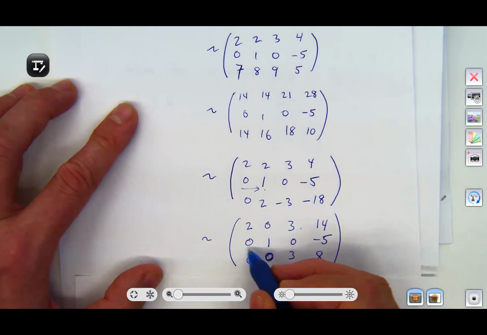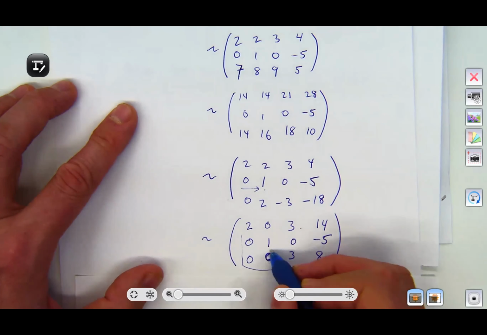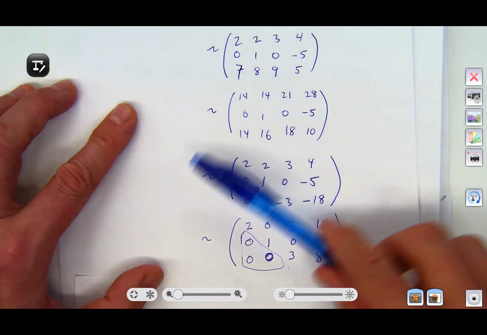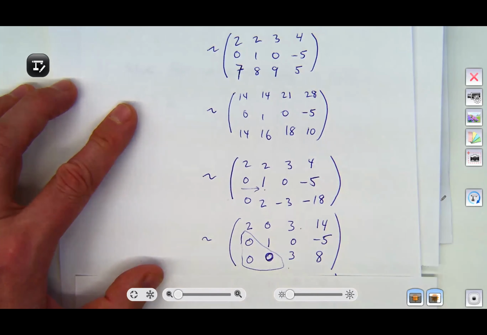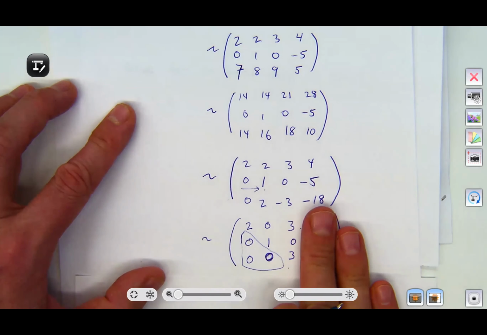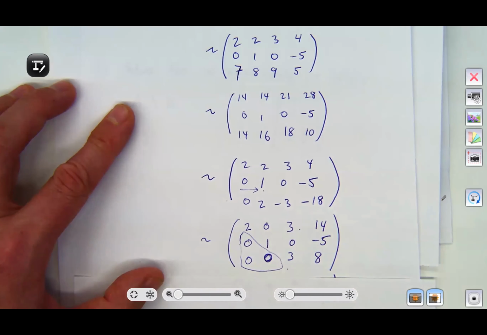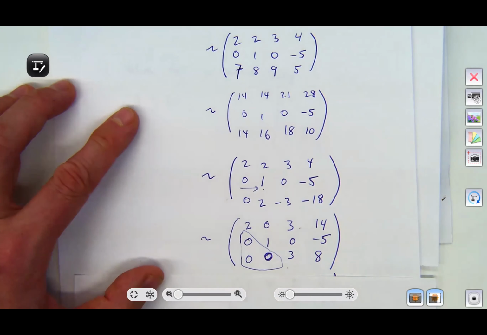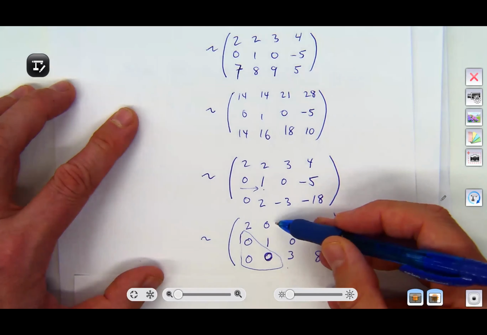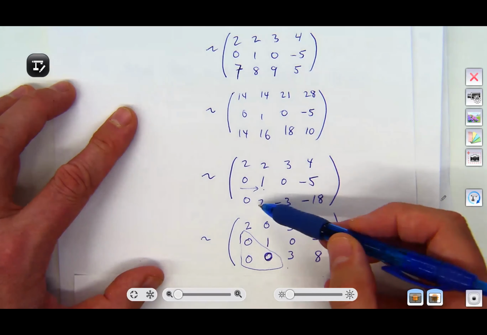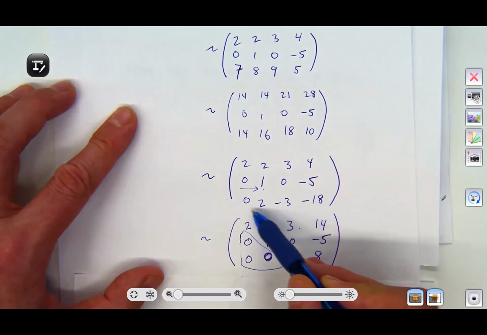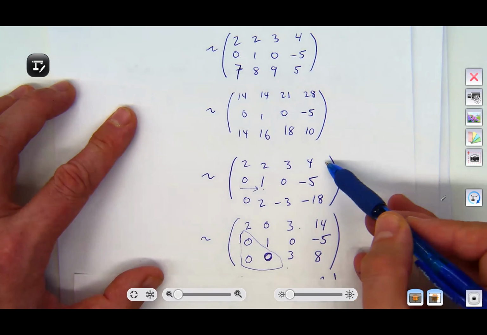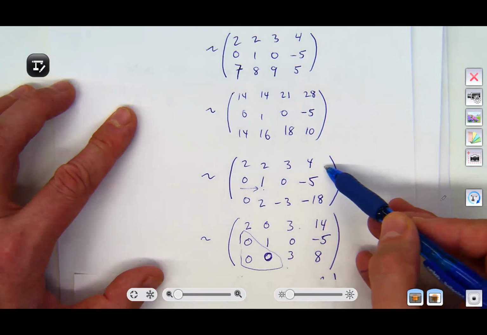And if you look at this, now we have zeros below the diagonal. So this part of it would be upper triangular. That's great. Okay, so we're nearly there. We've got a 0 above the pivot now as well, because I've also subtracted the third row from the first row in this step.